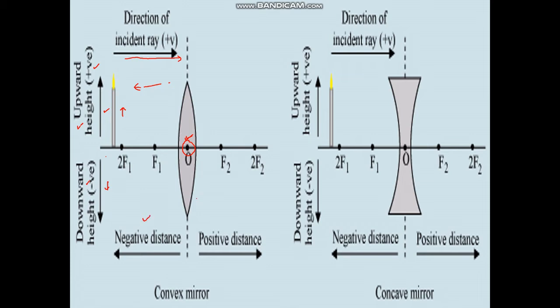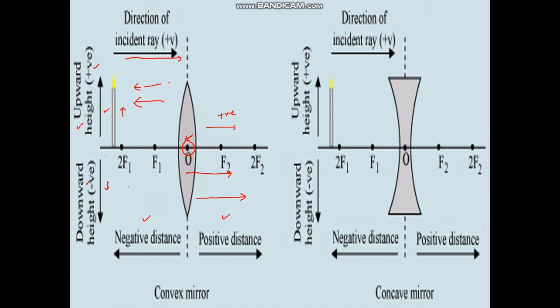And all those distances which are measured on this side, because we measure from the optical center, are taken to be positive distances. So anything which is measured against the direction of light is taken to be negative, and anything which is measured in the direction of light is taken to be positive.